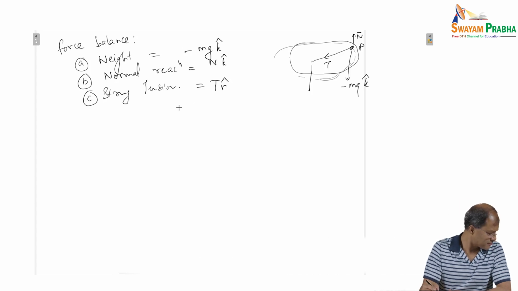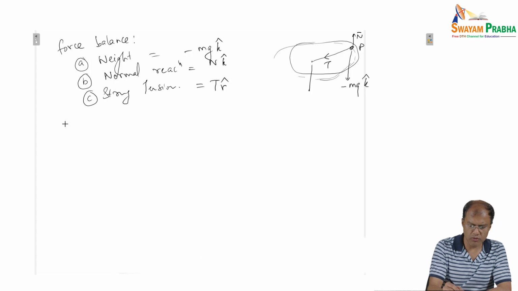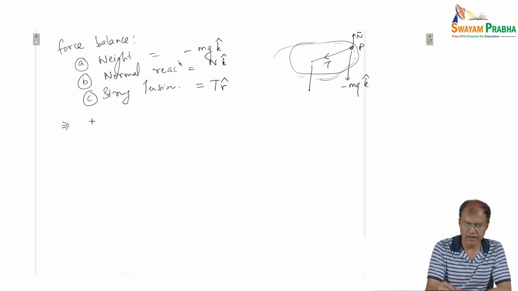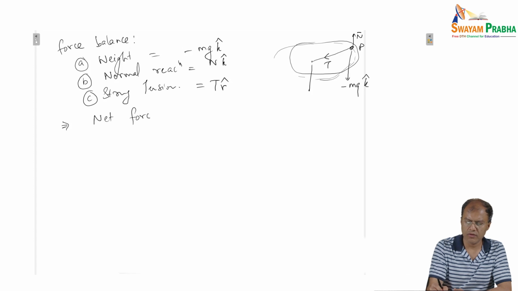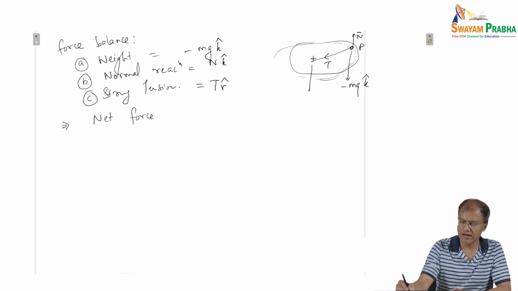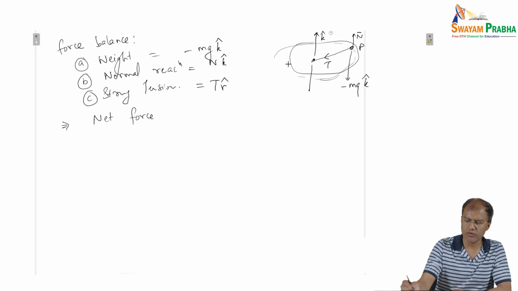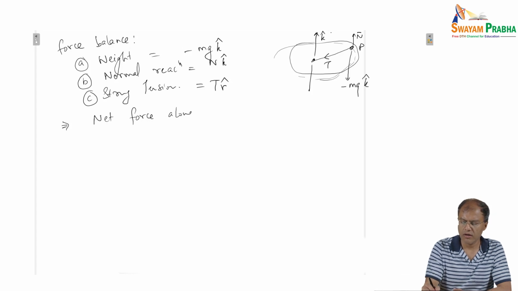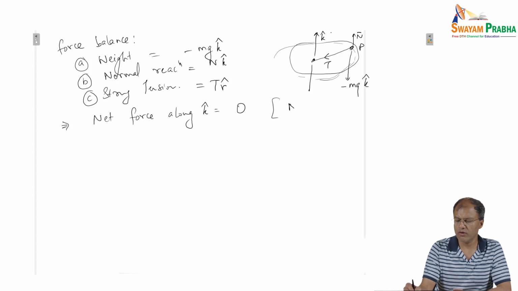So what we have is the net force along, let us say if this is our center, so this is our normal direction k. The net force along k will be 0 because the normal reaction is balanced with the weight, since the particle is not leaving the table.